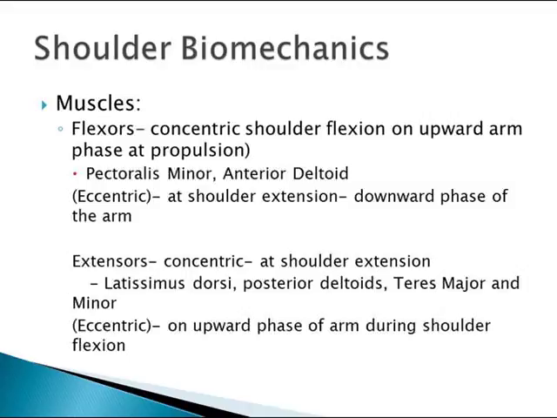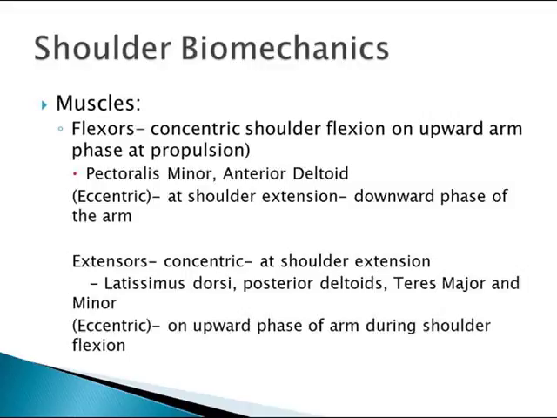Shoulder biomechanics become important due to the propulsive effect that it gives in the upper body. From a flexor concentric shoulder flexion standpoint, we're looking at the pectoralis minor and anterior delts that creates that phase. Eccentrically at shoulder extension, there's a downward phase of the arm.